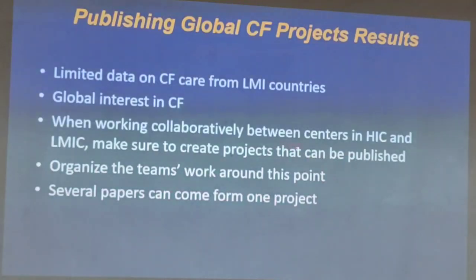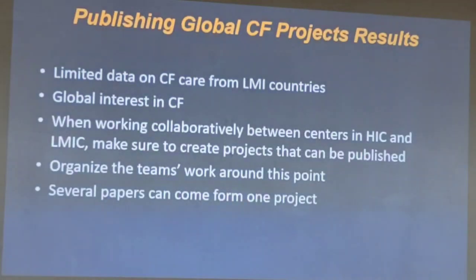When working collaboratively between centers, there is work between high-income countries and low-middle-income countries, like what we're doing now and what we did with Turkey. This is a very good example. I presented my Turkey experience in the European CF meeting maybe 4 years ago, and they were very interested in knowing the details, because what they created from our experience in Turkey is something called twinning.